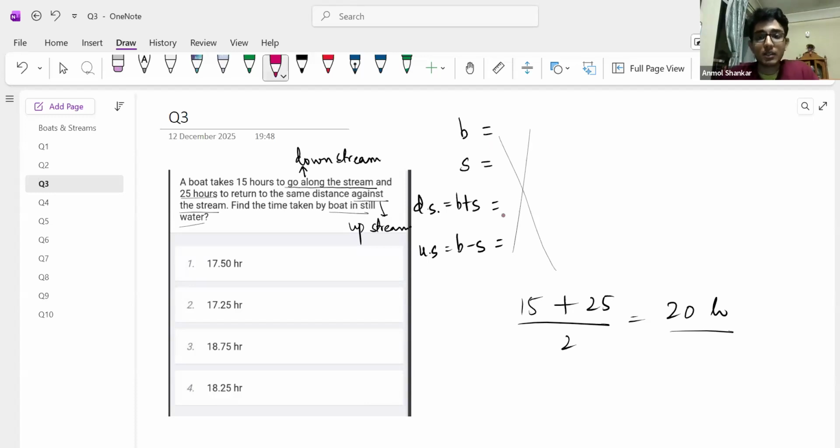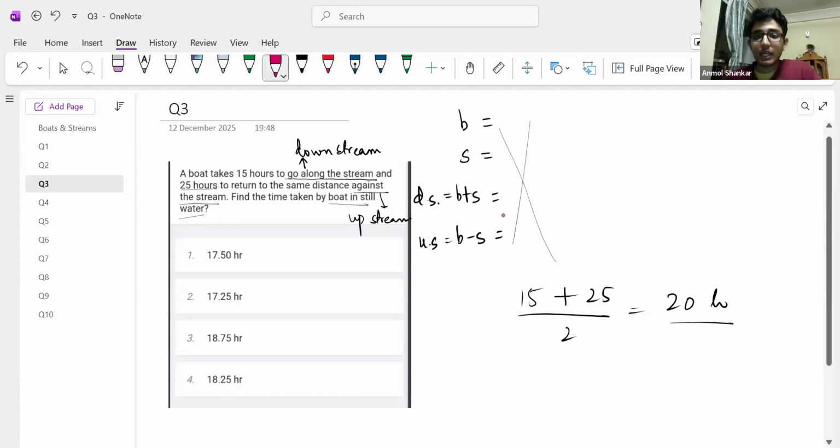Okay, so the short answer is that here I took the arithmetic mean.